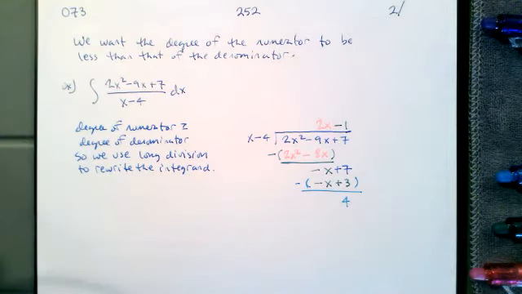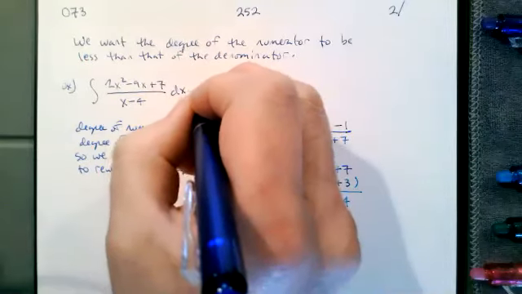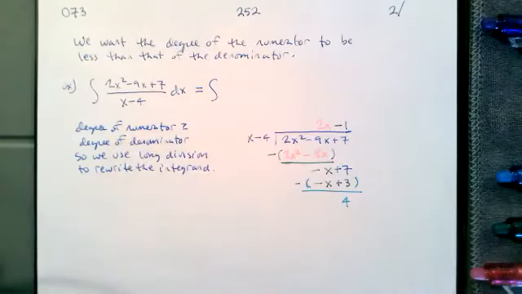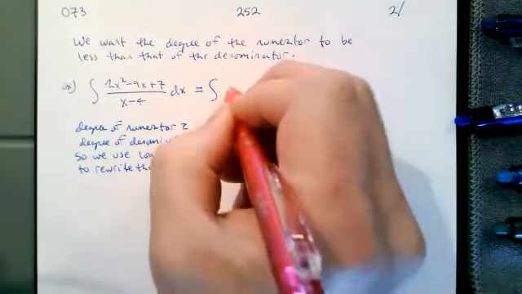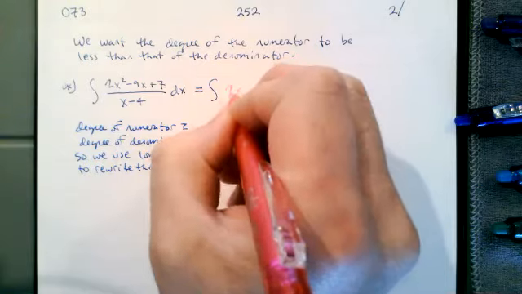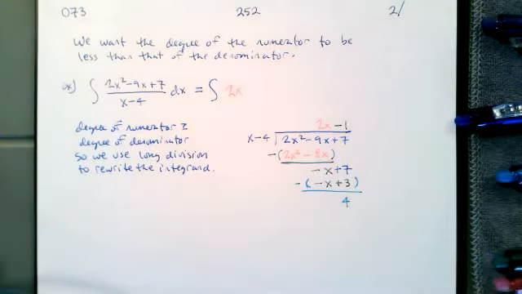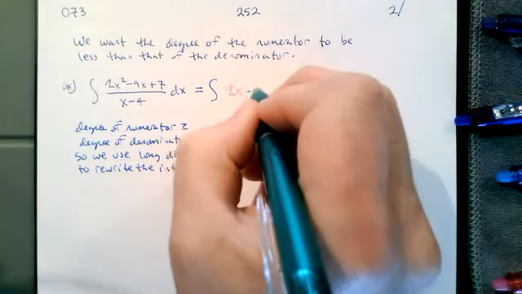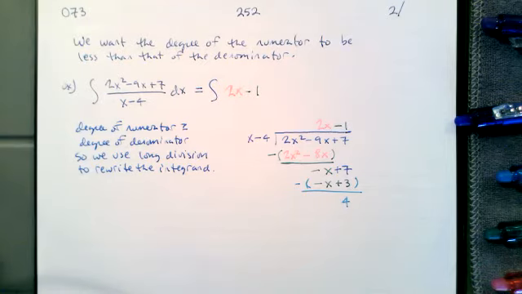So now we have rewritten the integrand. There's a whole number part, which is 2x minus 1, and then the fraction part is 4 over x minus 4. Why did -1 times -4 become +3?